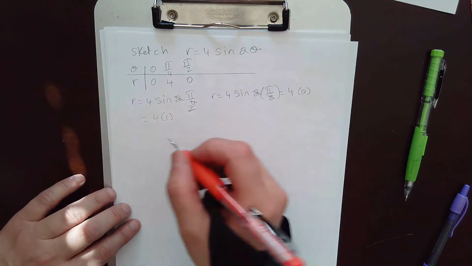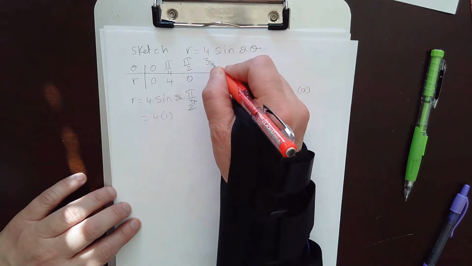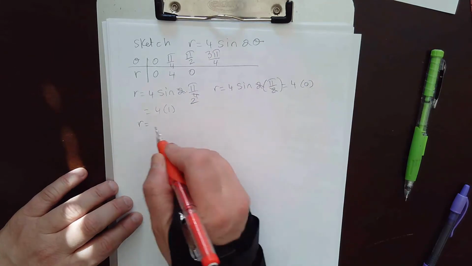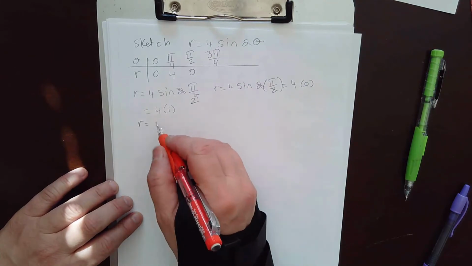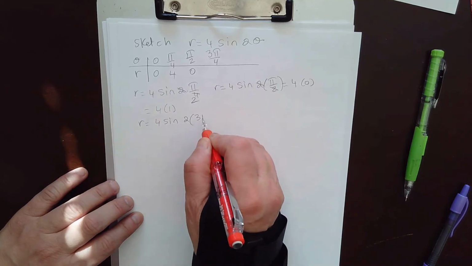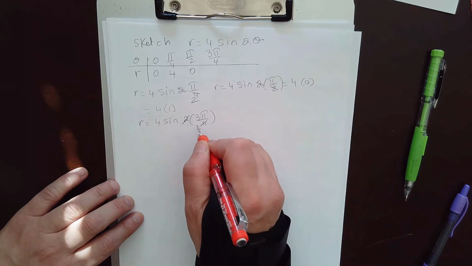Okay? And let's select 3 pi over 4. When theta is 3 pi over 4, you have 4 sine 2 times 3 pi over 4. So this divided by 2, this divided by 2 is 2.